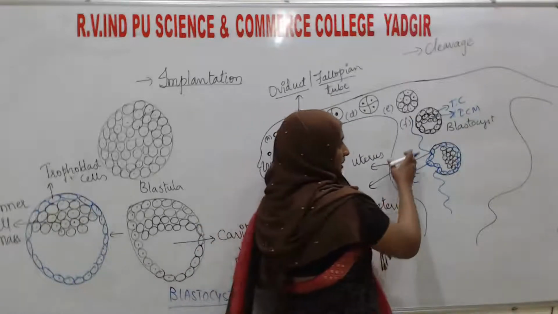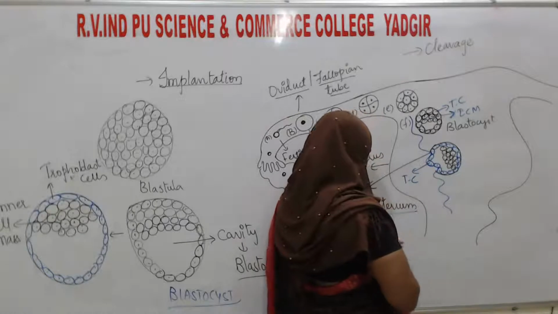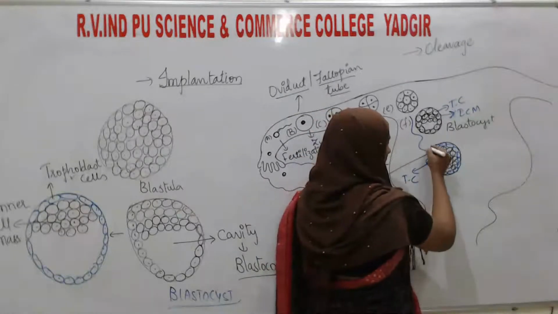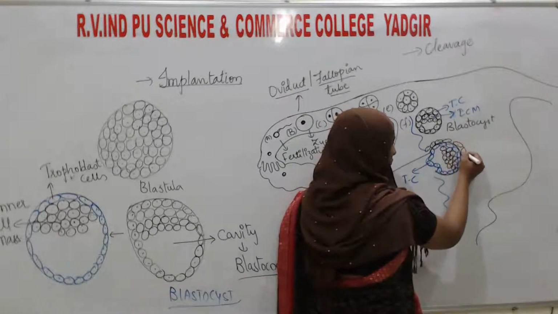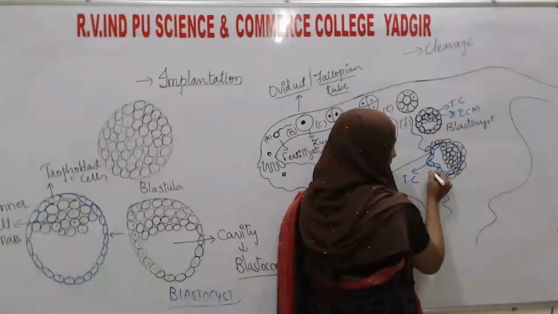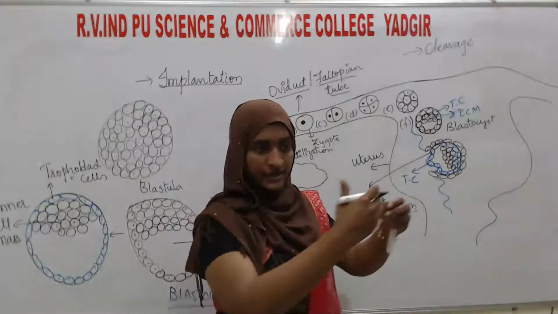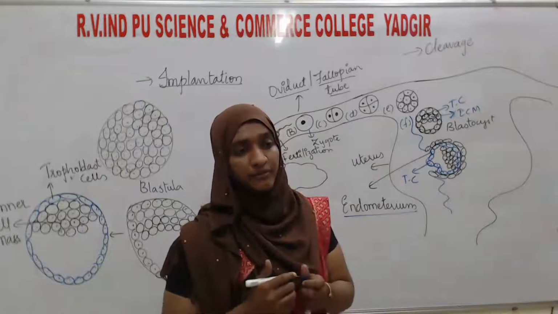See here, the cells which are present in the endometrium lining get surrounded. These are the cells of endometrium. So these cells are totally surrounding the blastocyst, and they are taking it inside the uterus or endometrium lining.